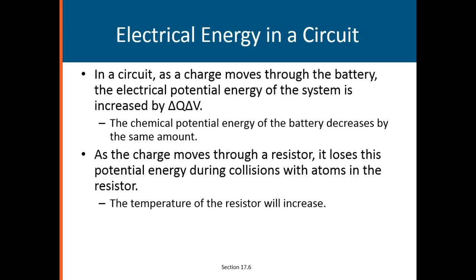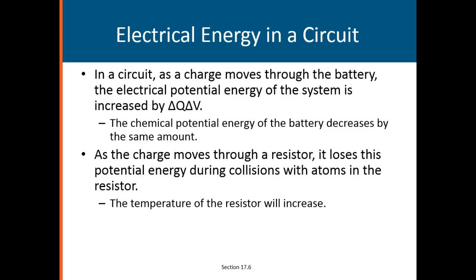Okay. Let's move on to electrical energy in a circuit, 17.6. In the new edition, it's electrical energy and power. Okay? In a circuit, as charge moves through the battery, the electrical potential energy of the system is increased by delta Q delta V. Okay?